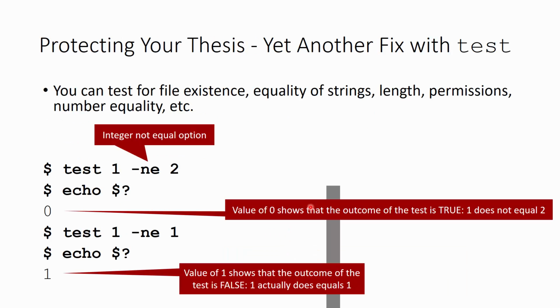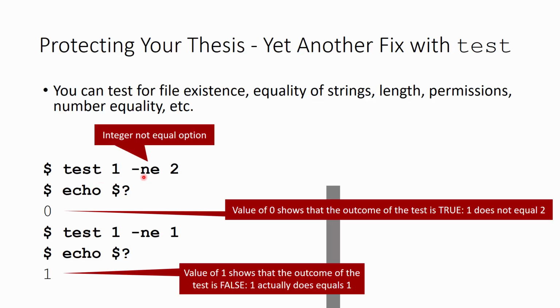Another fix, this one involves the test command built into Bash. So we can use the test command to test for things like file existence, equality of strings, the length of something, even permissions, whether a file can be read, numeric equality. So here, this is an integer not equal option. So test, and I'm going to test the value 1.